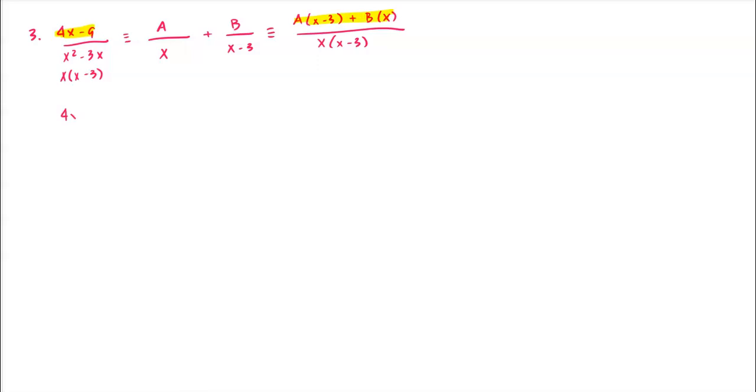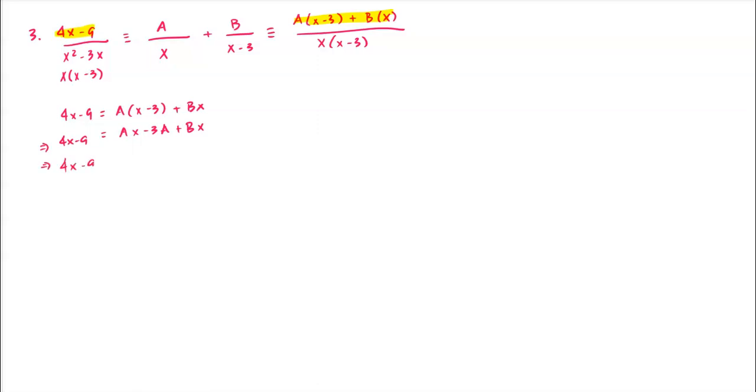And so that's 4x minus 9 equals a times (x minus 3) plus bx. Let's distribute: ax minus 3a plus bx.